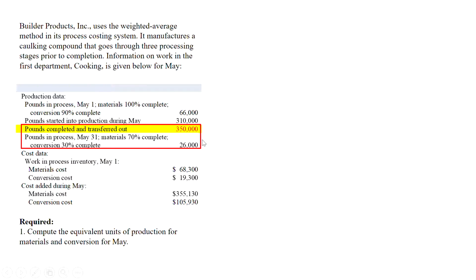And it seems logical, again, if we're going to divide this into our total cost to get unit cost, that maybe these two numbers here, like the 350,000 pounds completed, or maybe perhaps the ending work in process, maybe those numbers. So is equivalent units equal to the units completed? And in here, that would be 350,000.